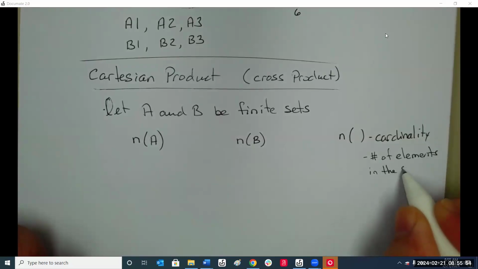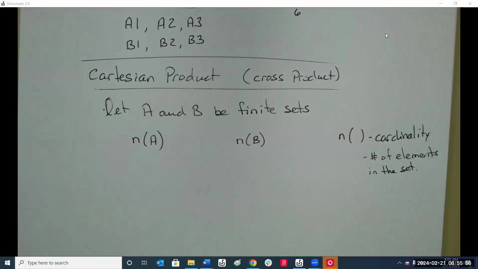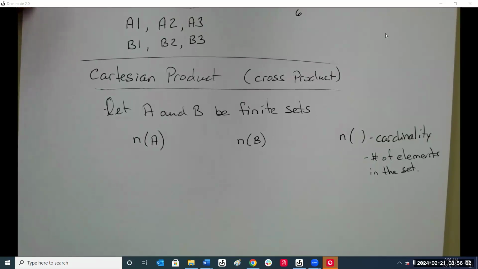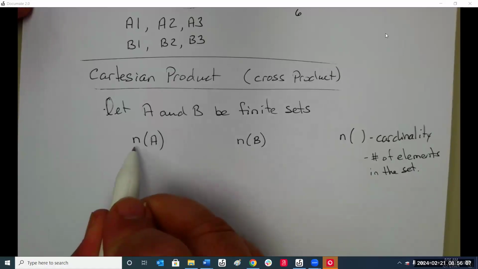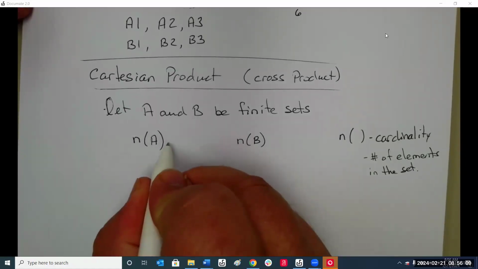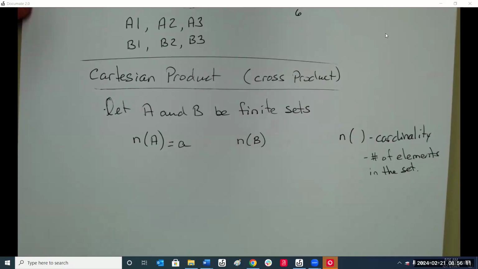It stands for the number of elements in the set. So the cardinality of set A equals little a, some number.